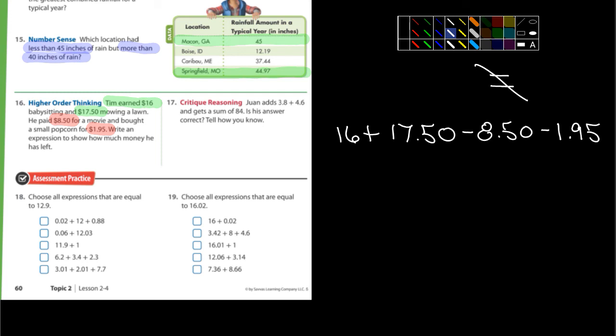That's an expression. Notice I didn't put an equal sign. So that's your answer to number 16. Because they don't ask us to solve it, do they? Do you see that anywhere in the question? Does it say solve it? No. So you don't even have to solve it.